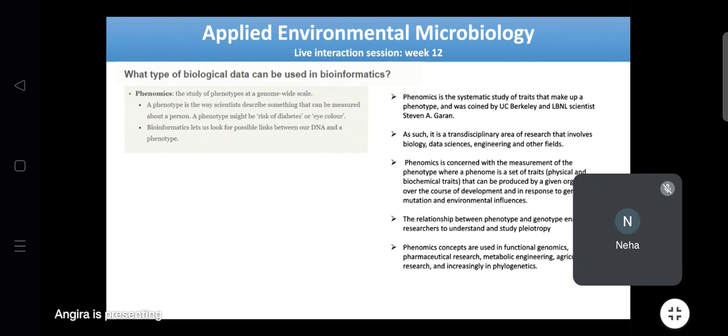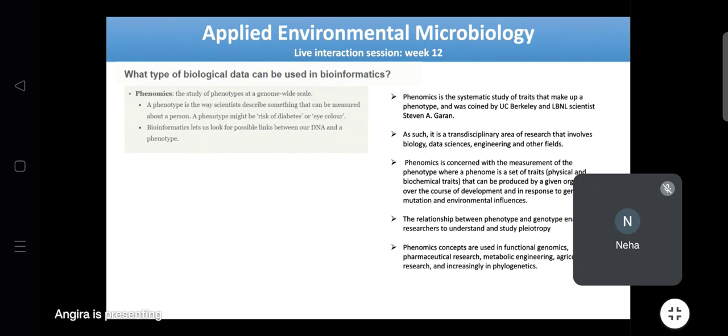Okay, so a phenotype sometimes might also be a person being at risk of a particular disease, for example being at risk of diabetes, or showing a certain kind of eye color. So studying bioinformatics gives us an idea of the possible link between our DNA and a phenotype.